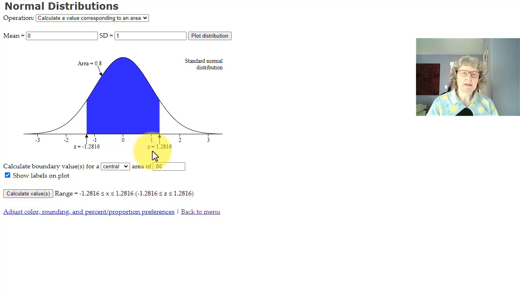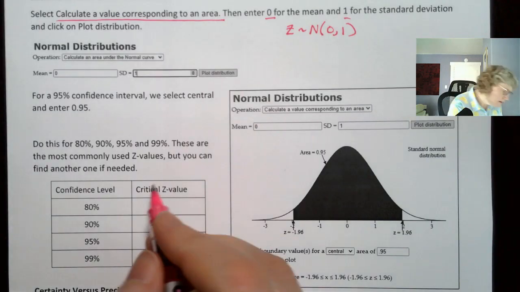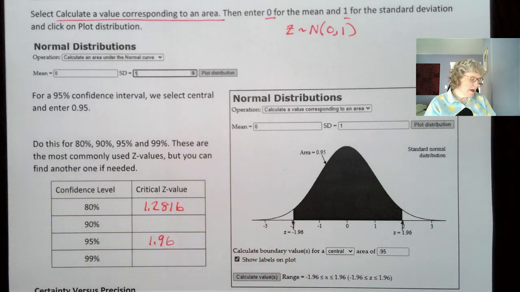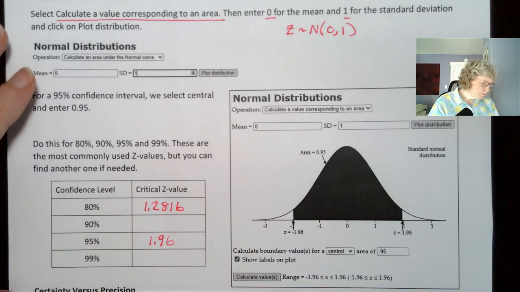And it does, so that gives us a smaller, we only need to go out 1.2816 standard errors to capture the middle 80%. Notice it just has more values, whereas the 1.96 has just 00 after that.